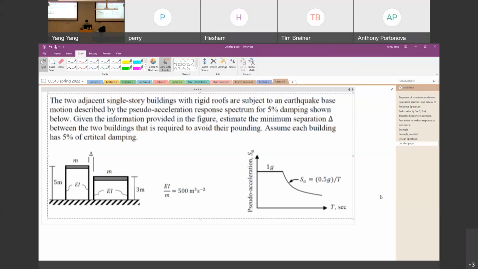That means we need to find the maximum displacement of these two buildings under the design earthquake. And the design earthquake is given as the design spectrum, which is the envelope of all possible earthquakes considered on that site.